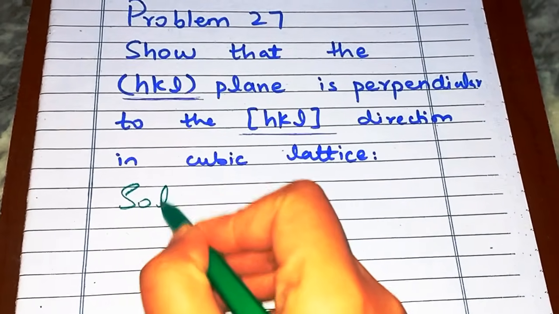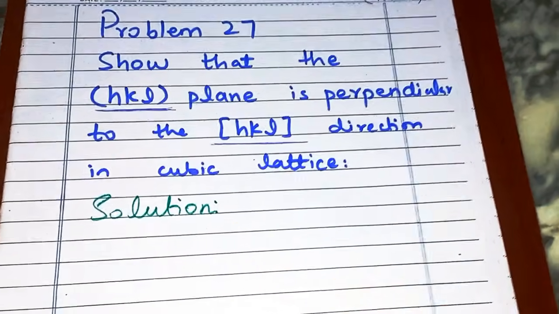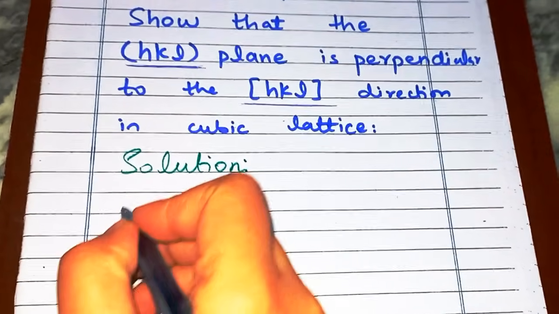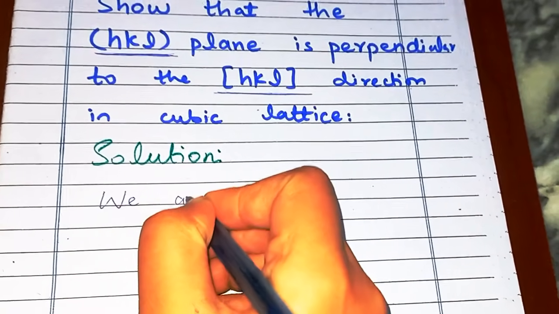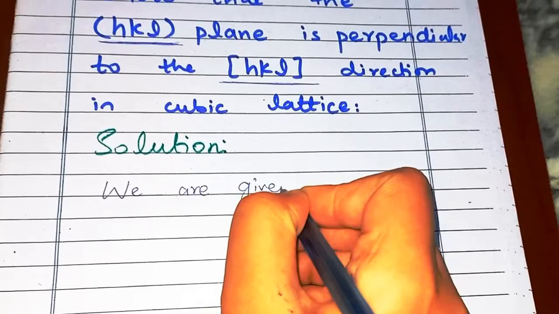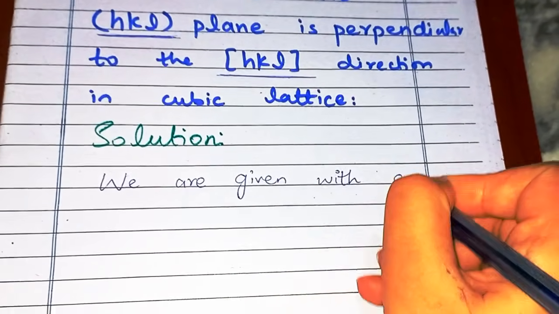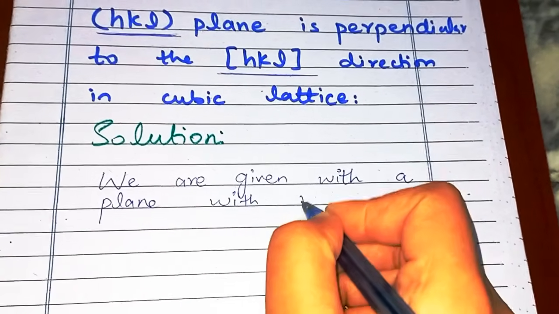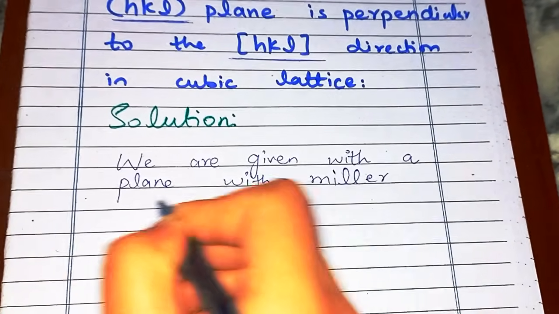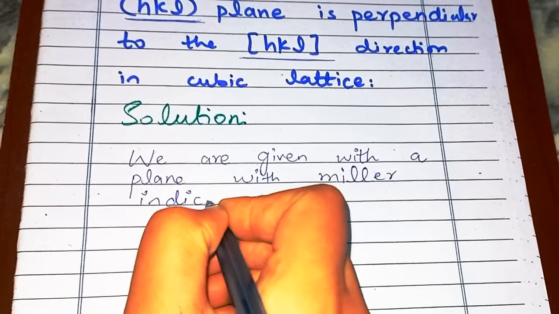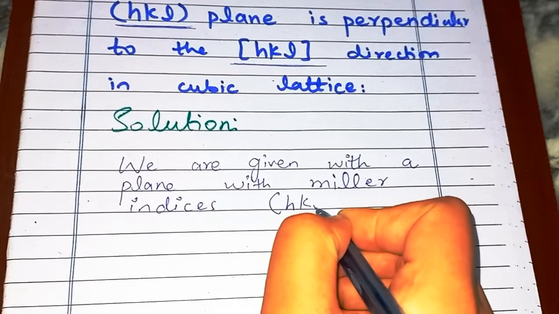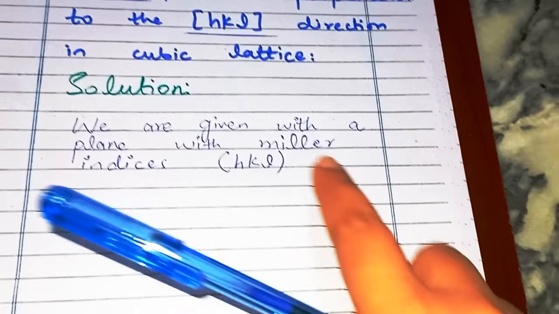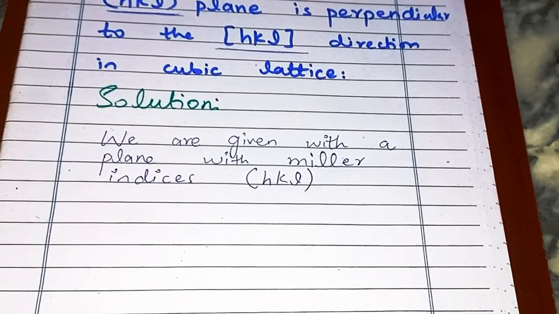So the proof is really simple, and let's see. We are given a plane with Miller indices H, K, and L. These are the Miller indices of the plane, and we will find the intercepts from them.